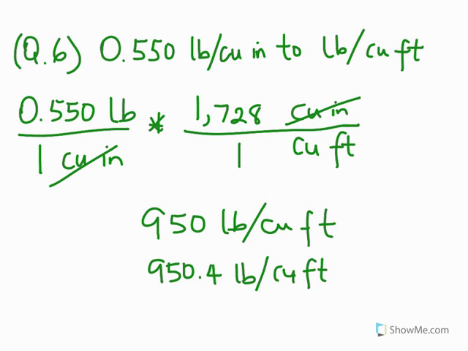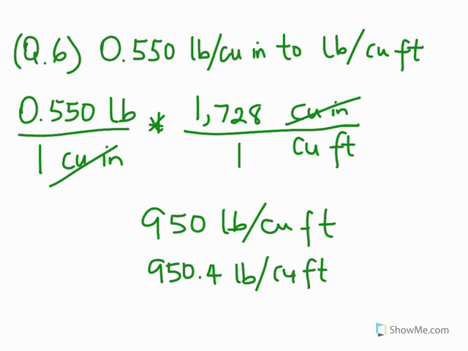If you insist on following what the original question says, which is 0.550, and you leave it as 950, then that's 2 significant digits. The second one is 4. Okay, that becomes a problem. None of them is 3, right? And if you decide to round, in this case, 4 is less than 5. It's not greater than 5.